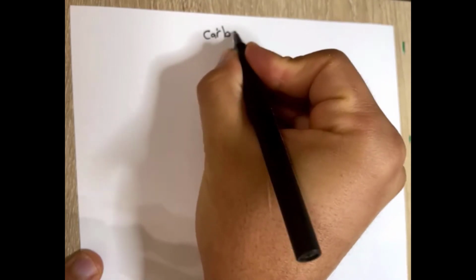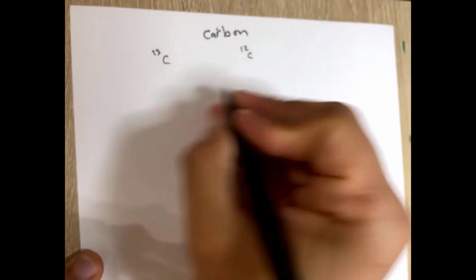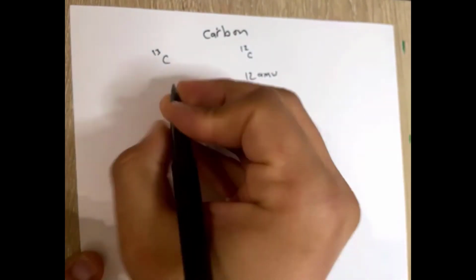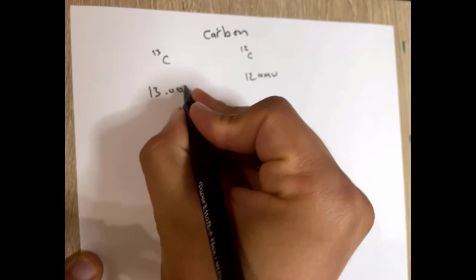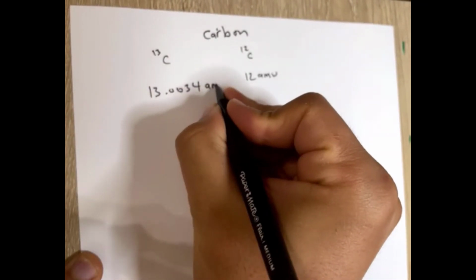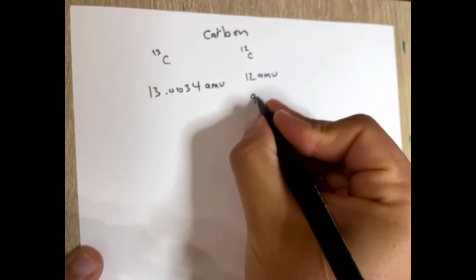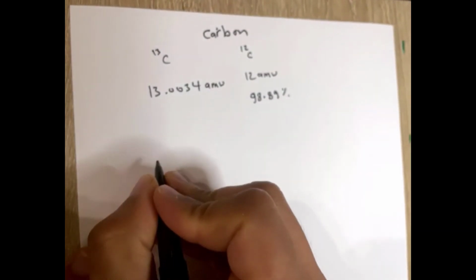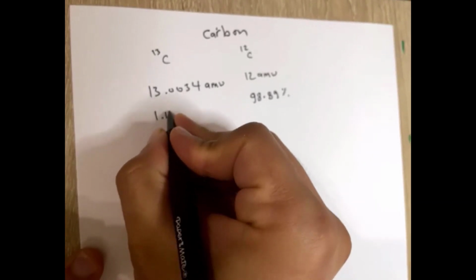Carbon has 2 isotopes, carbon 13 and carbon 12. Carbon 12 has the mass of 12 AMU, and carbon 13 has the mass of 13.0034 AMU. The relative abundance of carbon 12 is 98.89%, and the relative abundance of carbon 13 is 1.11%.